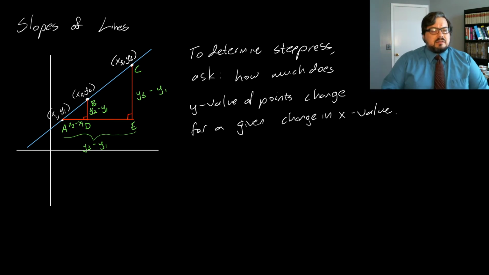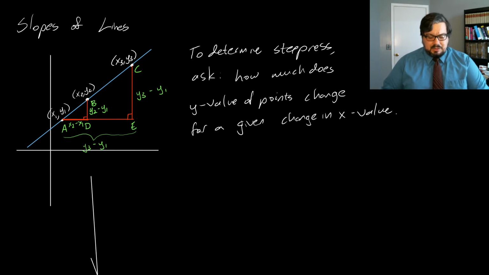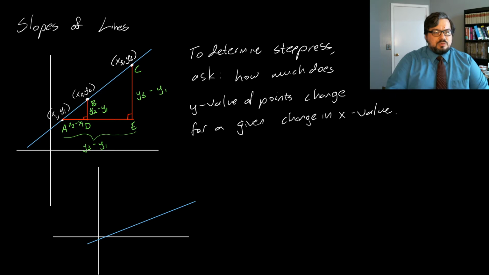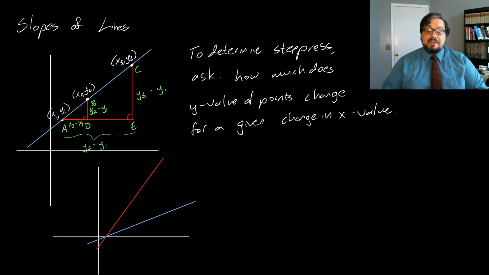We can really see why this would matter if we compare a couple of lines with different slopes. Let me take another little cartoon down here where I'm going to take two lines that have different steepnesses. We're going to say they have different slopes.